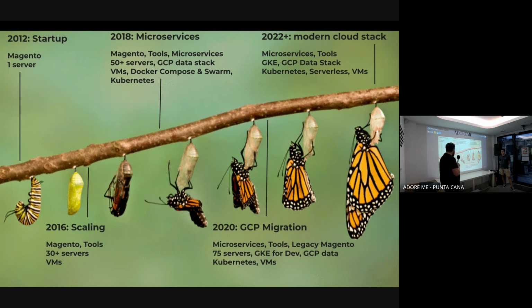And then we scaled the infrastructure as we grew the business. We ended up having 30 physical servers, a few racks dedicated for us in a cage in a Virginia data center. And besides Magento, we started to build our own tools, various monoliths in Laravel or whatnot.